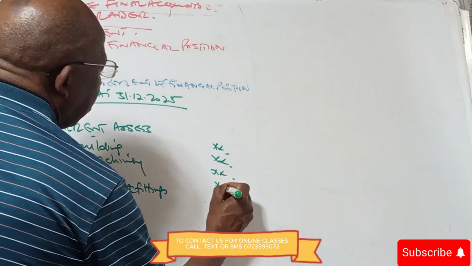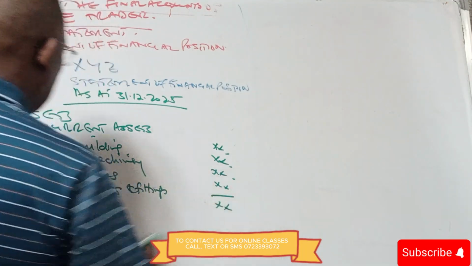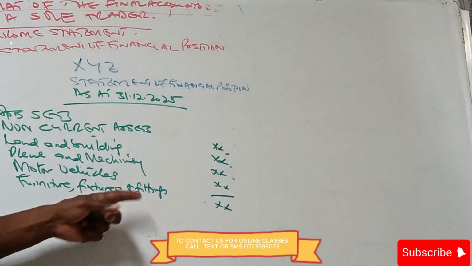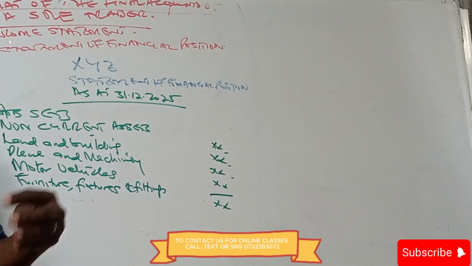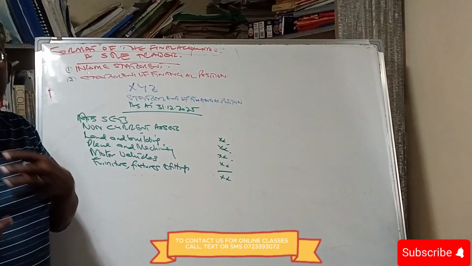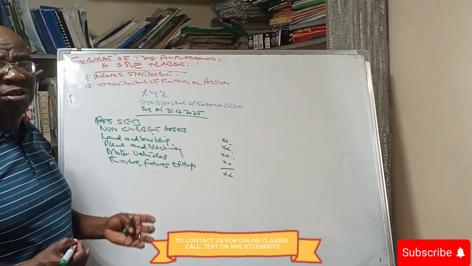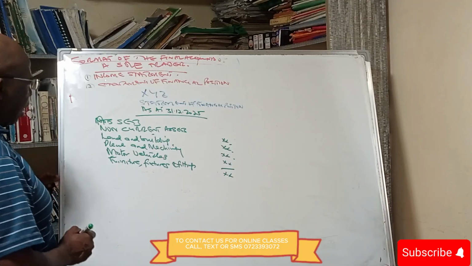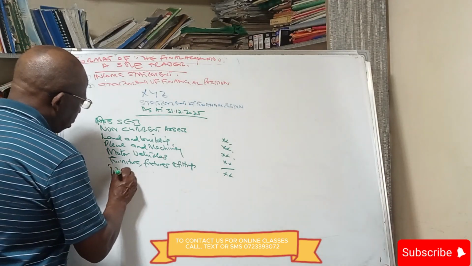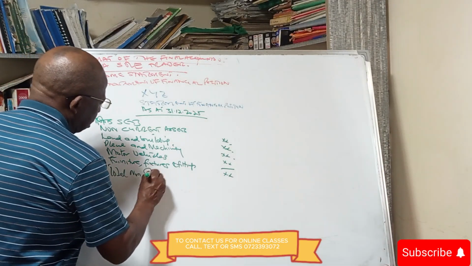But what are fixtures and fittings? They are the things that you have fitted in the house. Maybe you are partitioning the house, maybe you have shelves in the house. Anything that is furniture in the house is part of the furniture, fixtures, and fittings. And therefore, we say total non-current assets.